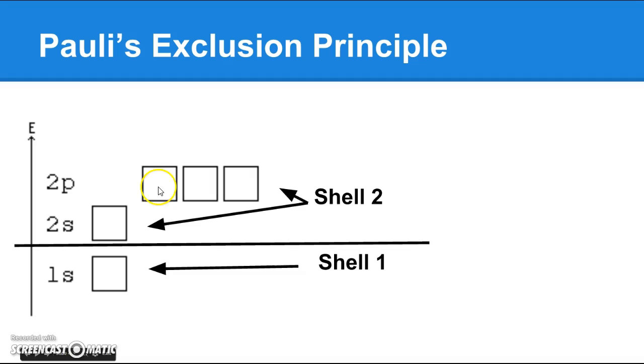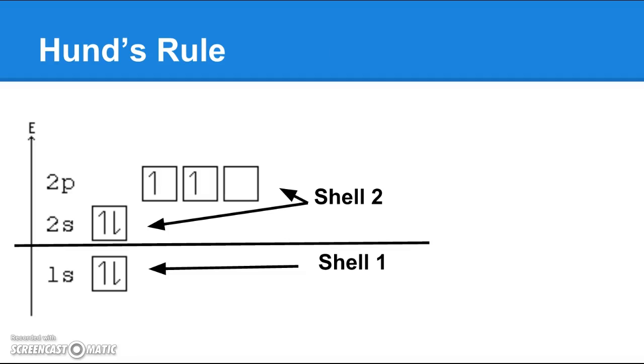So when they go in, they have opposite spins. See? Opposite, same, same, same, opposite, opposite, opposite. That is the Pauli exclusion principle and Hund's rule and the abbreviated version of the Aufbau principle.